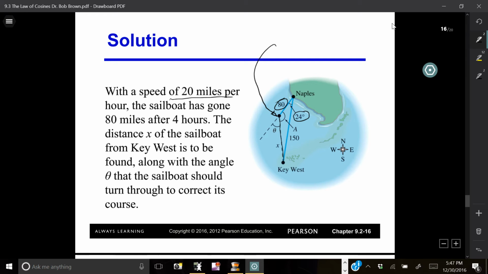Now, Key West is 150 miles from Naples. And so we want to find out x, which is how far the boat is now from Key West after it's gone off course by 80 miles. And we need to find out what that angle is.